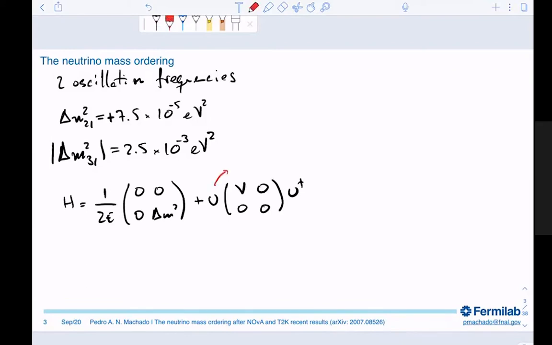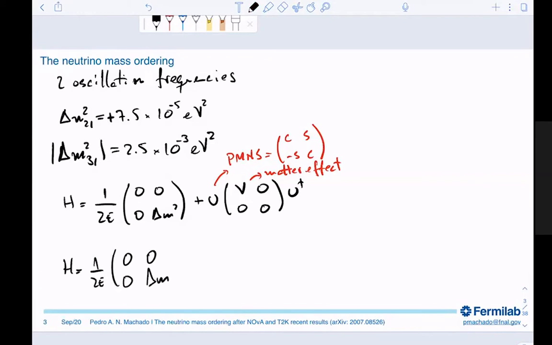This U matrix here is the PMNS matrix. Of course, here I'm doing 2 flavors, so let's say that this is just some cosine, sine, minus sine, cosine. And this guy here is what we call the matter effect. So you see that if you just open up this calculation very quickly, you have the neutrino energy, you have the matter potential, and then there's a matrix like this: cosine squared, cosine sine, cosine sine, sine squared.